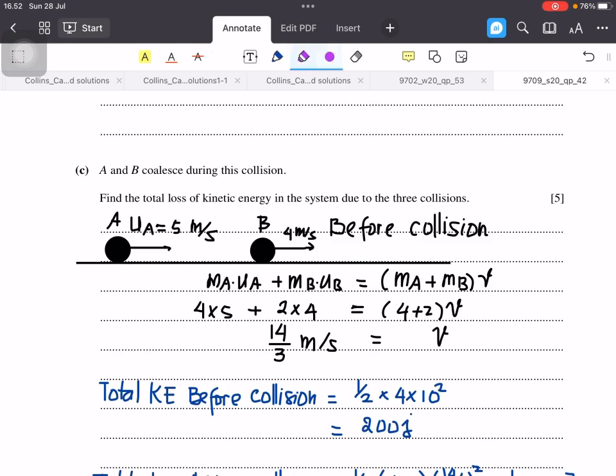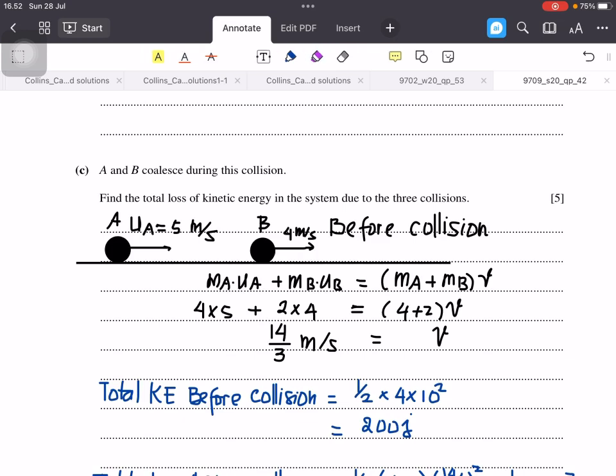So since A and B join together after collision, the momentum conservation equation will be MAUA plus MBUB is equal to MA plus MB times V. V is the speed after collision. Solving this equation, we find V is equal to 14/3 meter per second.